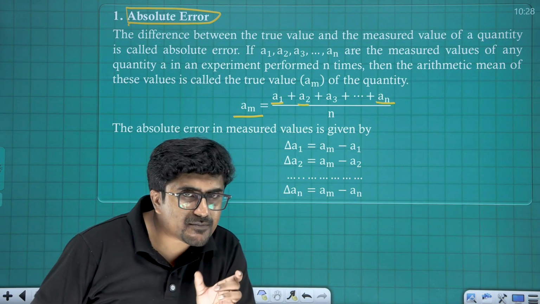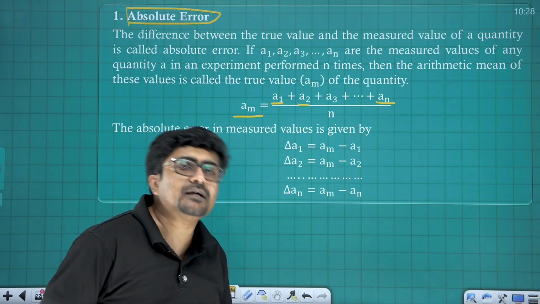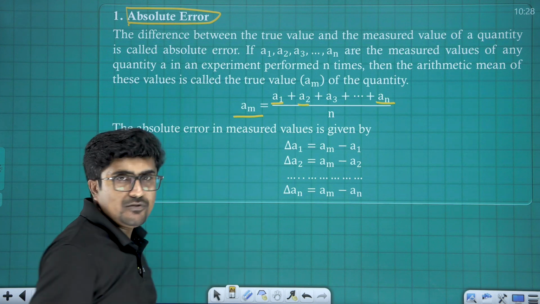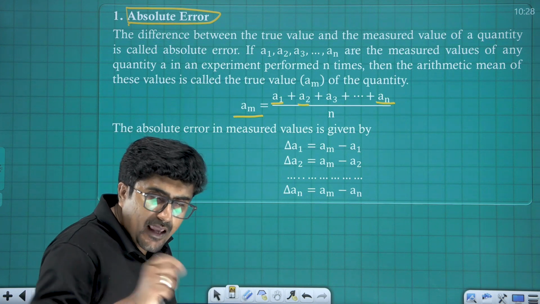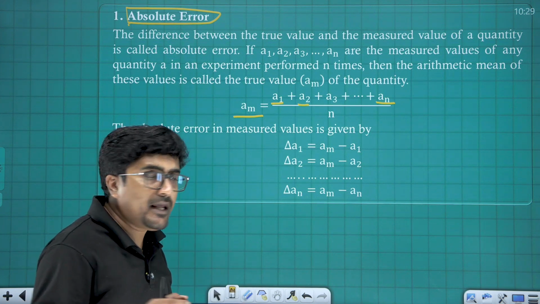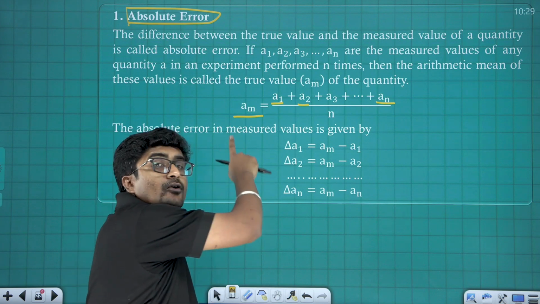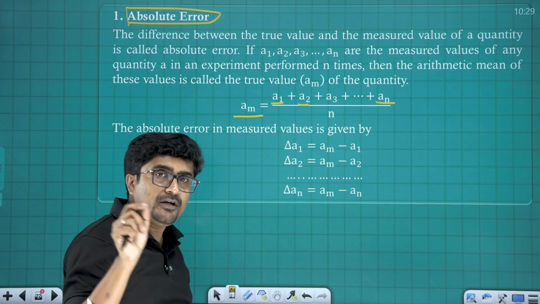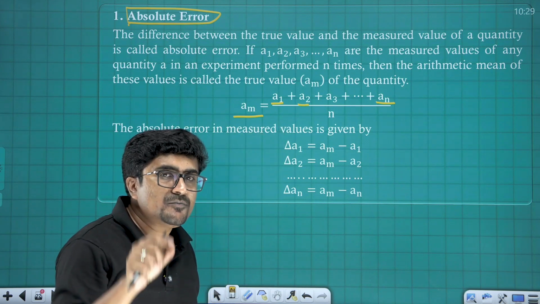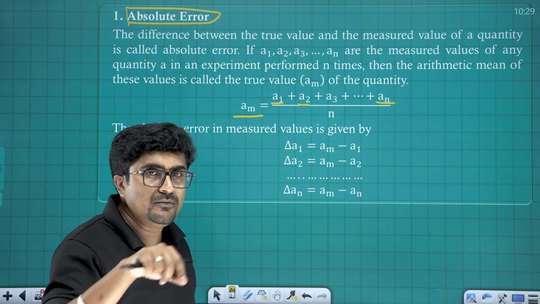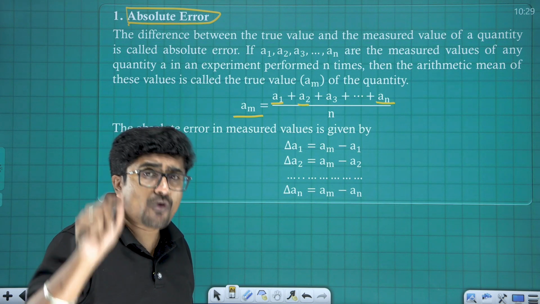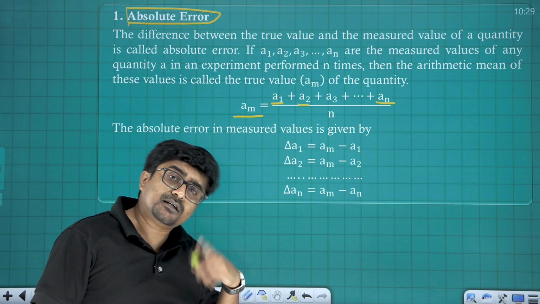For example, if A1 is a given measurement and Am is the true value or mean value. If the true value is given, the difference has to be between the measured value and the true value. And if the true value is not given, the mean value is treated as the true value.